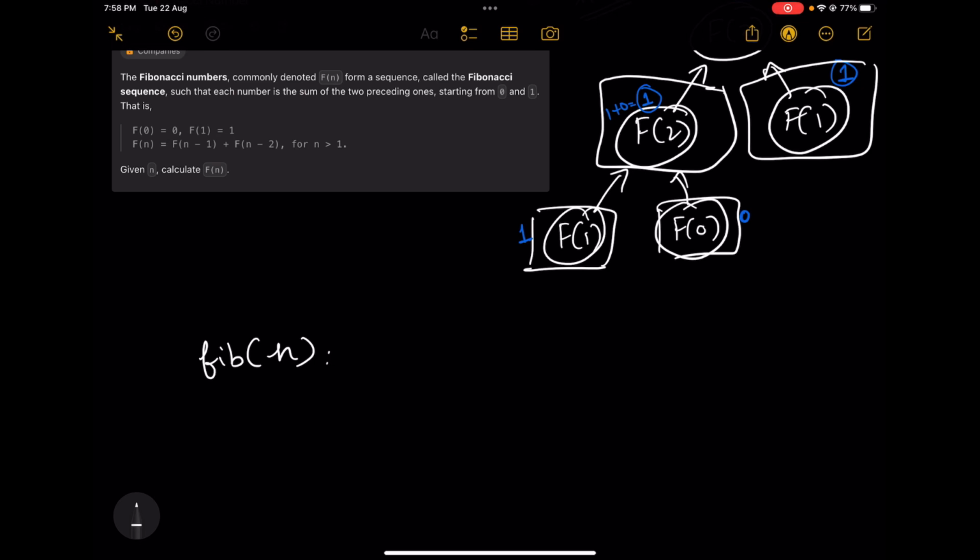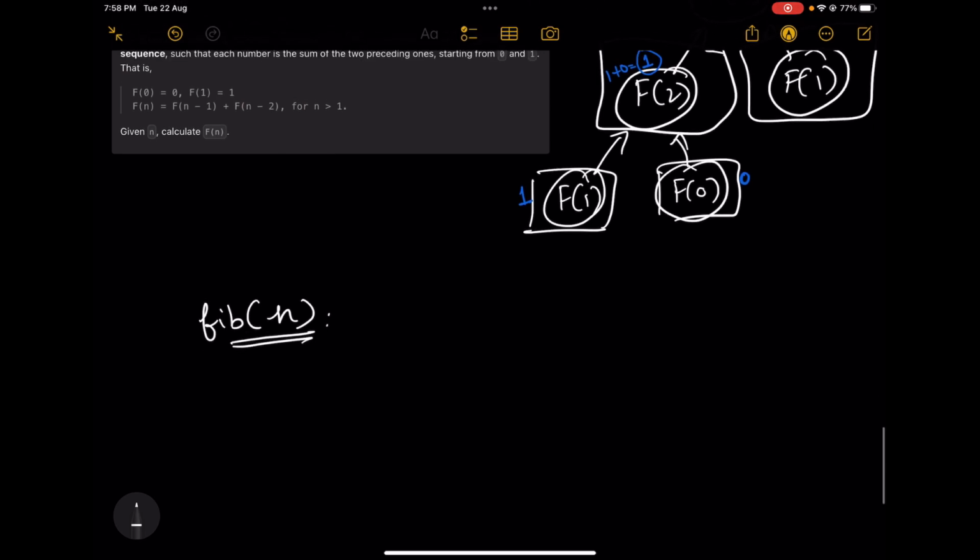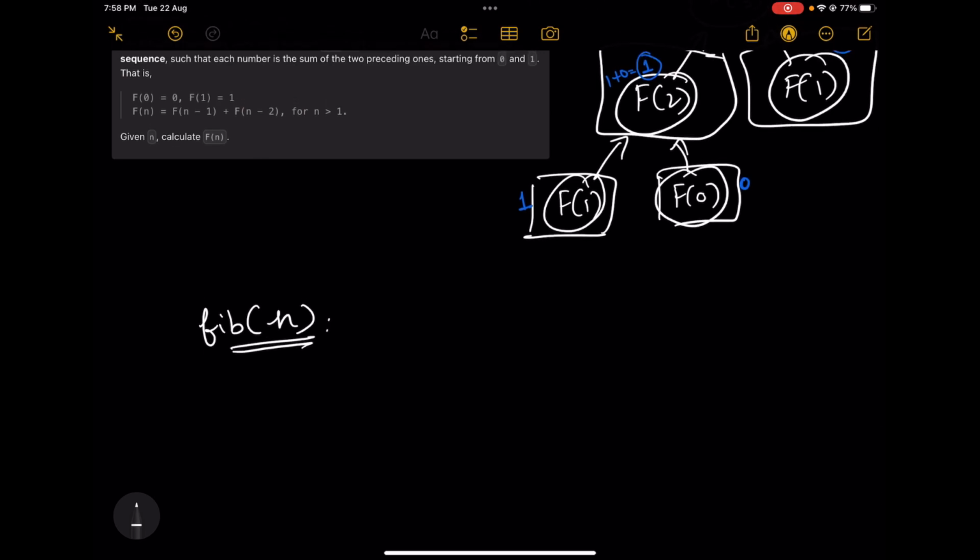So how would we go about calculating the nth Fibonacci number? The first thing that we need to do is figure out a way of how to break the problem into sub-problems. That's not tough, because we know that sub-problem 1 would just be fib of n minus 1.